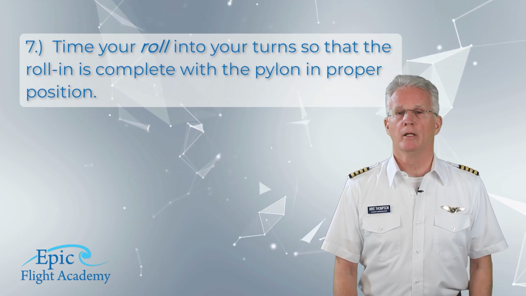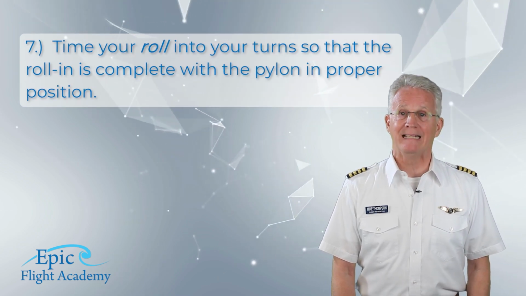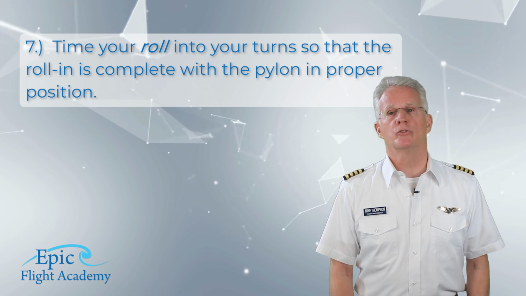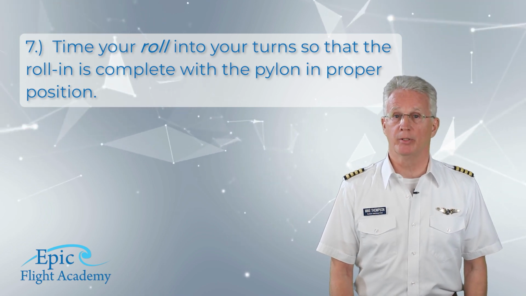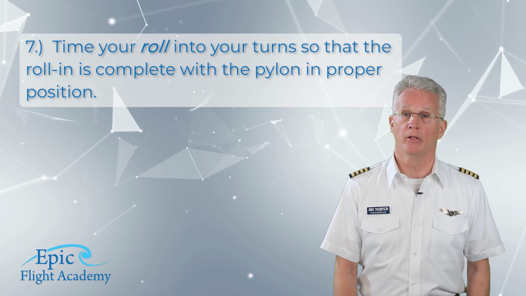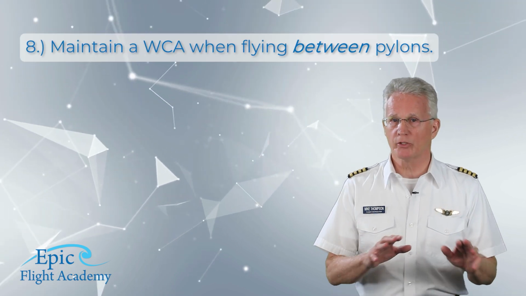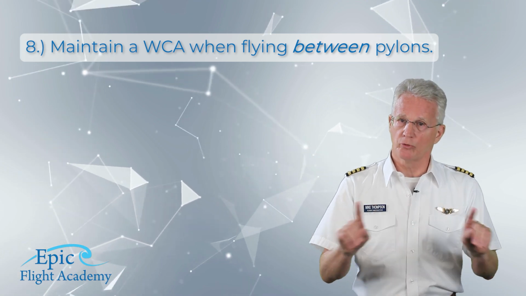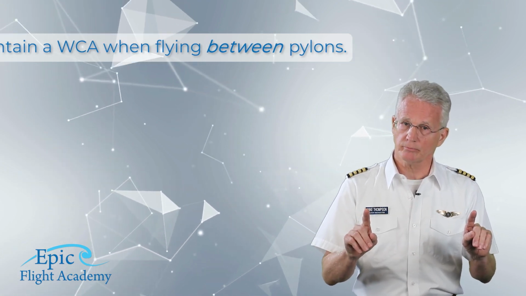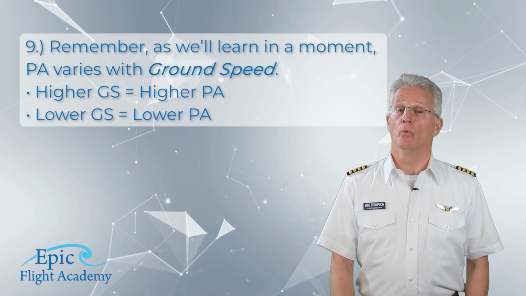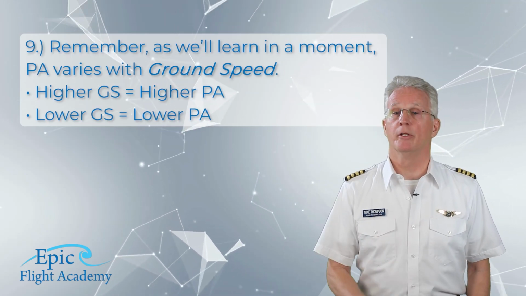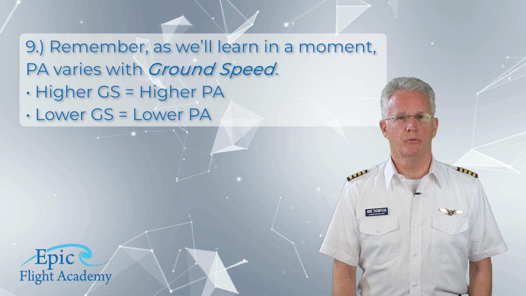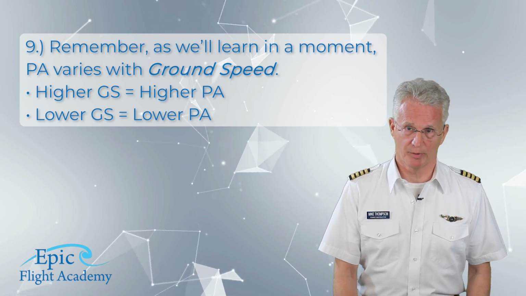Number 7, time your roll into your turns so that the roll-in is complete with the pylon in the proper position. Number 8, maintain a wind correction angle when flying between pylons. Number 9, remember, as we'll learn in a moment, pivotal altitude varies with ground speed.